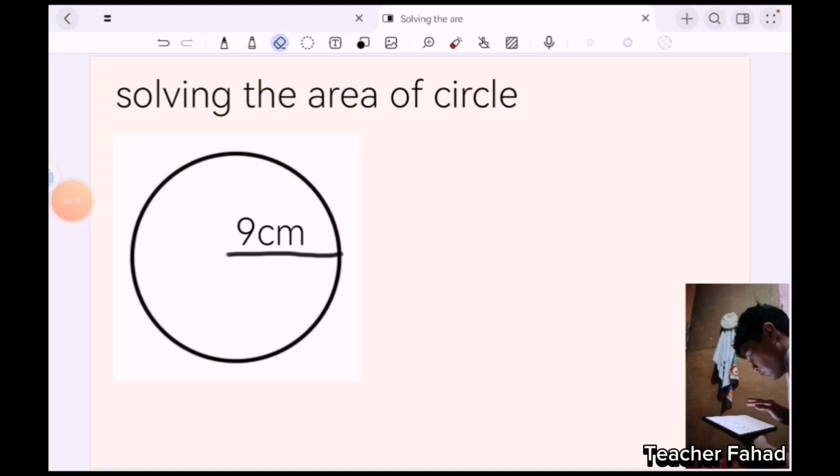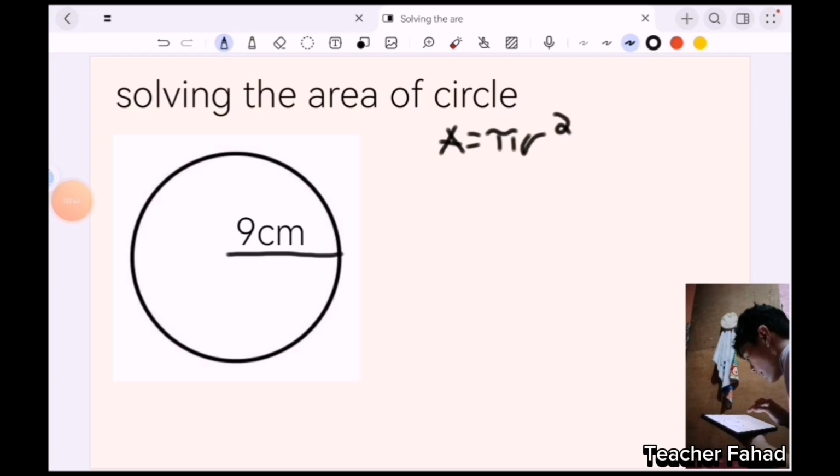As we solve this problem, we need to know what the formula is first. So our formula is area is equal to pi times radius square. So this is our formula.